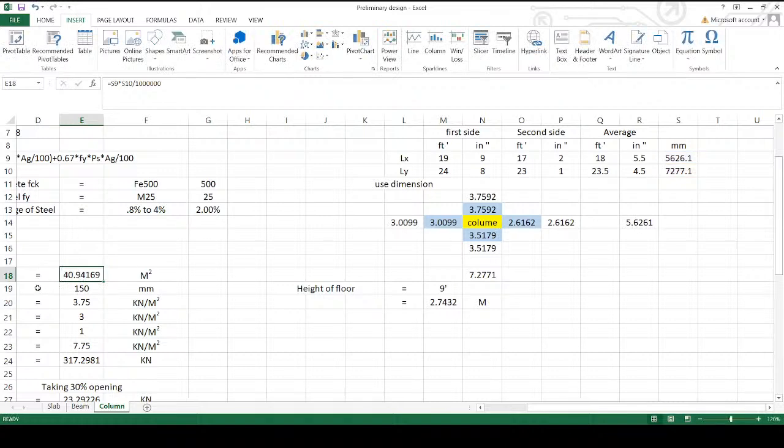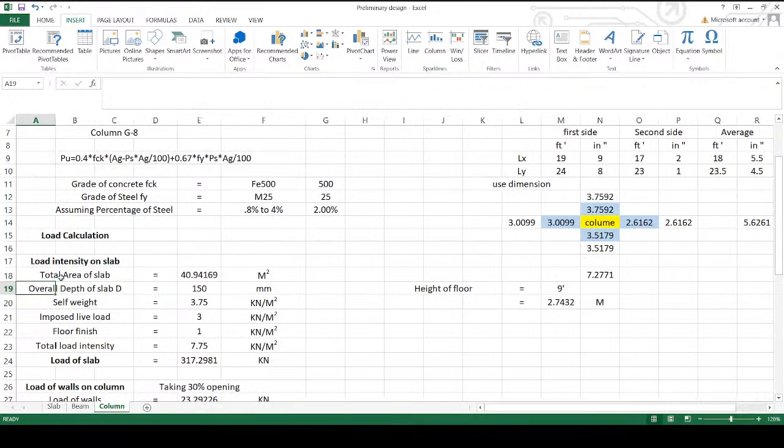The overall depth of the slab is 150 mm, which I have already calculated in the slab design. The self weight is 3.75 kilonewton per meter square, according to IS 875 part 2.